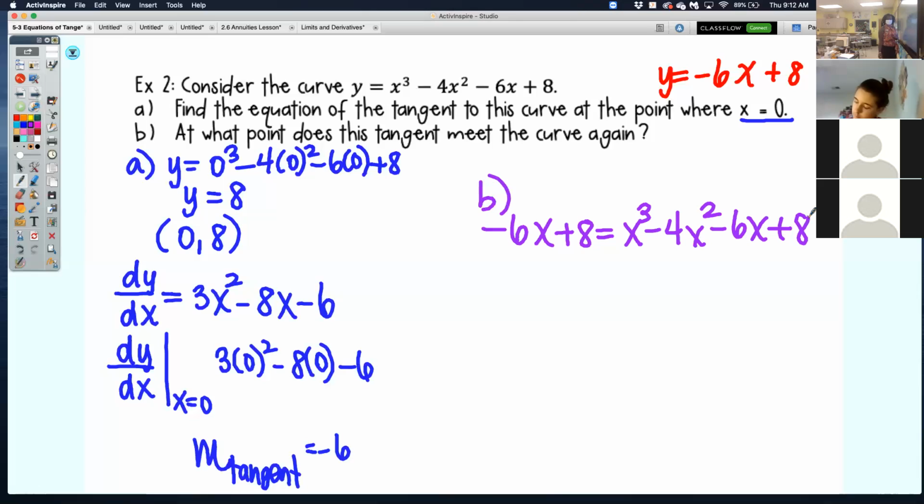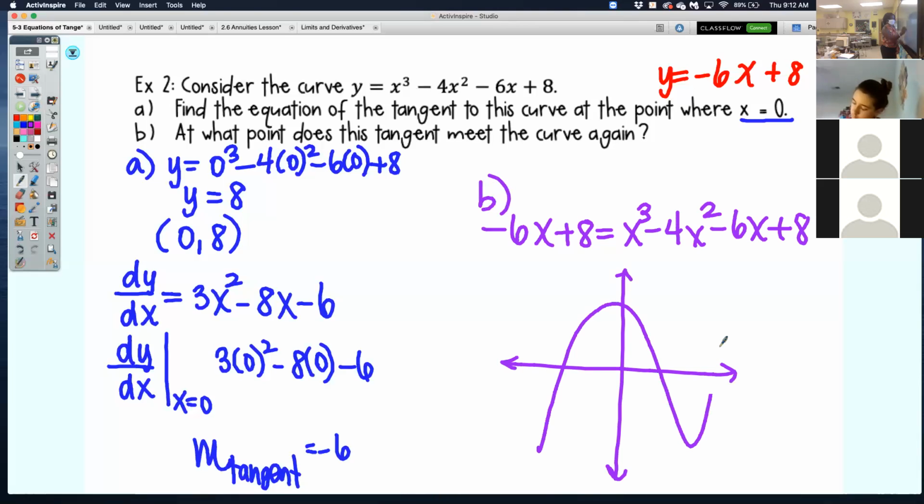to this cubic. Visually, what that means is that on this cubic function, so that represents the x to the third equation, our tangent line is hitting at some other point.